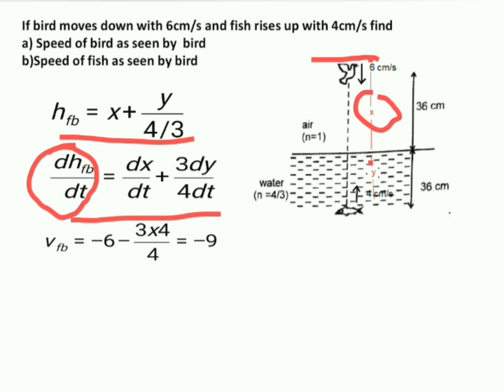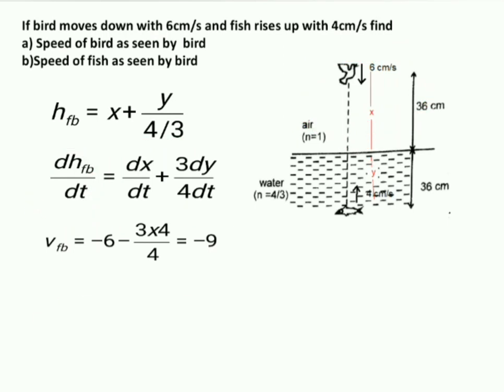Now look at dx by dt. dx by dt is the speed of bird with respect to water, or with respect to ground. See, what is the speed of bird with respect to ground? It's given as 6 in the downward direction. Since it is downward, the value of x is decreasing with time. If x decreases with time, we use a minus sign. If it increases with time, we use a plus sign.